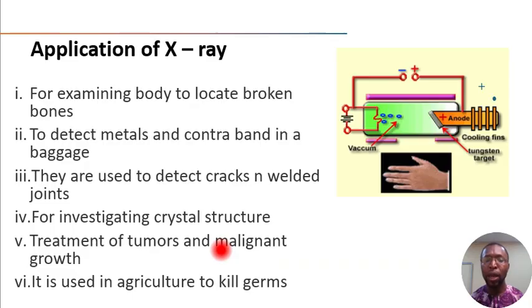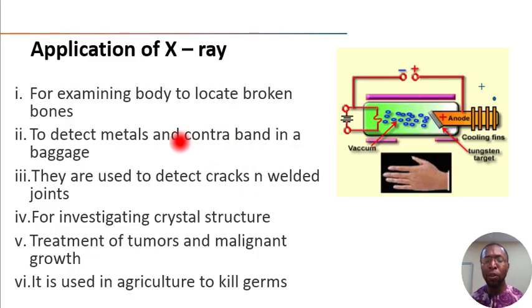Okay, now let's talk about application of X-rays. We use X-ray for examining body to locate broken bones, because of its high penetrating power. You could see here when the X-ray are produced, immediately it penetrated this mass and the bones were visible because of what? Its ability to penetrate, its high penetrating power.